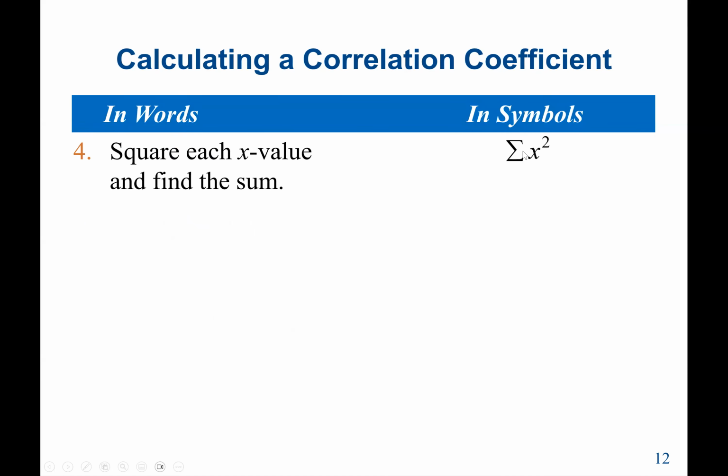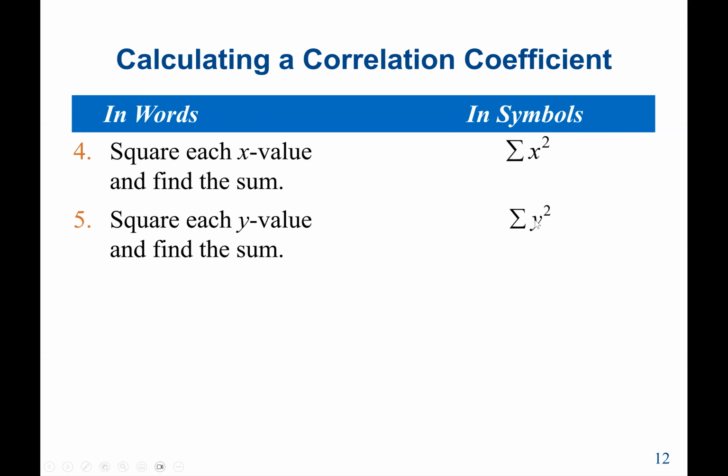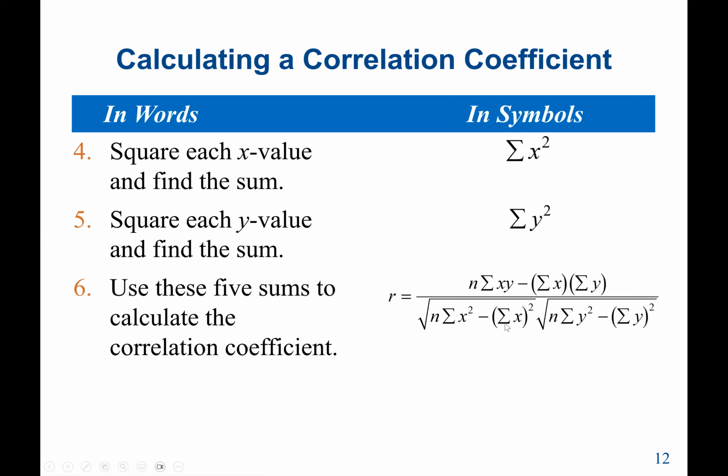Then we can find the sum of X squared, which means we square all the X values, then we sum it. Then we also find the sum of Y squared: we square all the Y values, then we sum it. Now we can see the formula. N is the sample size. We already found the sum of XY minus the sum of X times the sum of Y. We also find the sum of X squared.